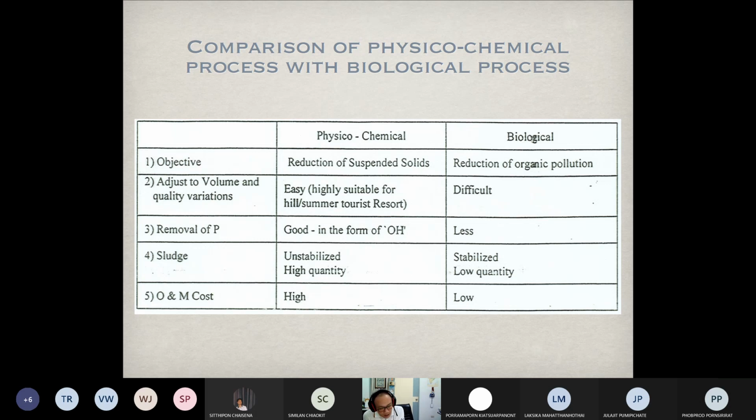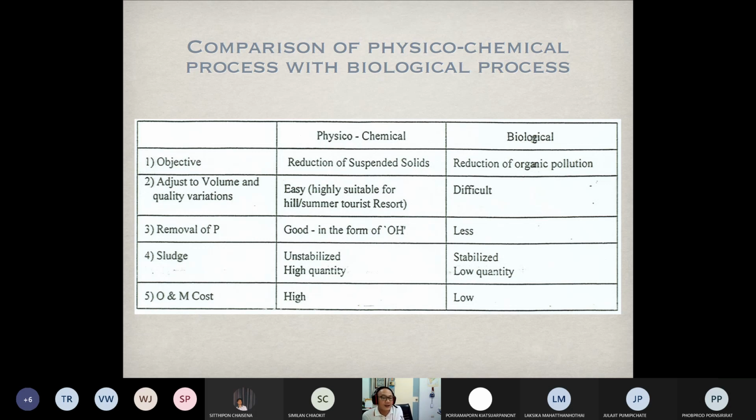We will actually add the alums. We allow the alums to interact with the charge around the surface, so that the charge becomes neutralized, and that is why we can flocculate and coagulate them and let them settle in the sedimentation tank.